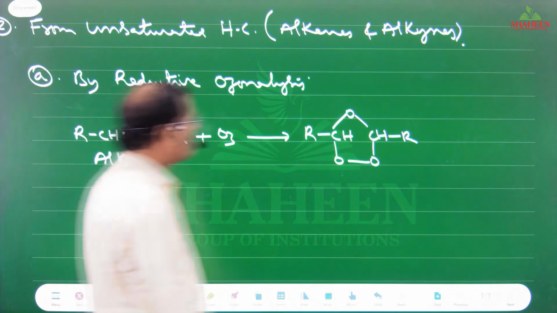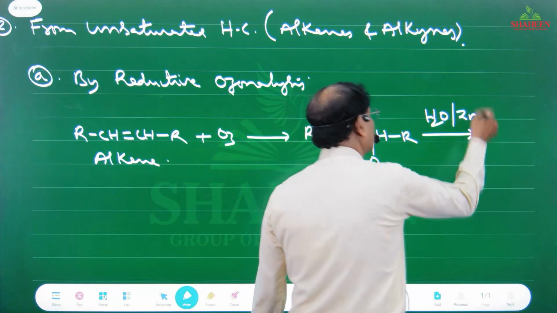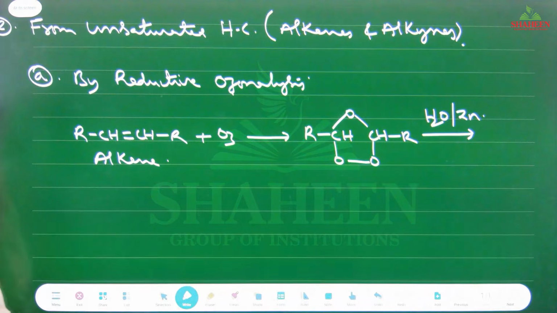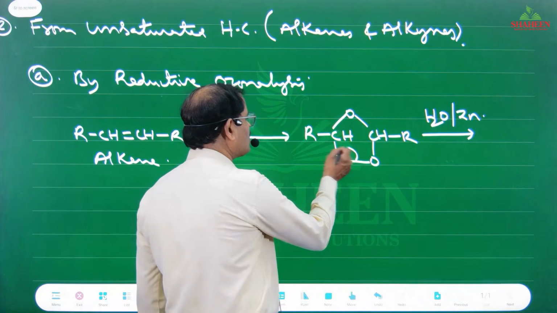And it undergoes hydrolysis in the presence of water and zinc. In the absence of zinc, it is treated as oxidative ozonolysis. In the presence of zinc, it is treated as reductive ozonolysis.